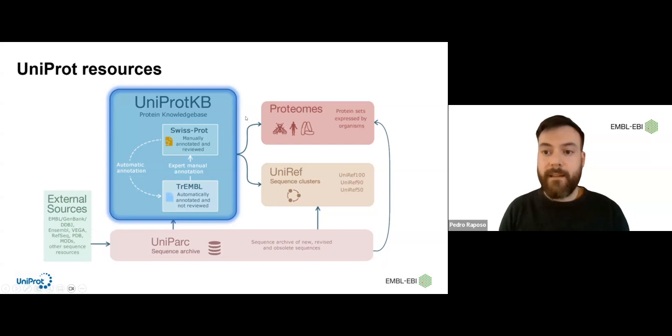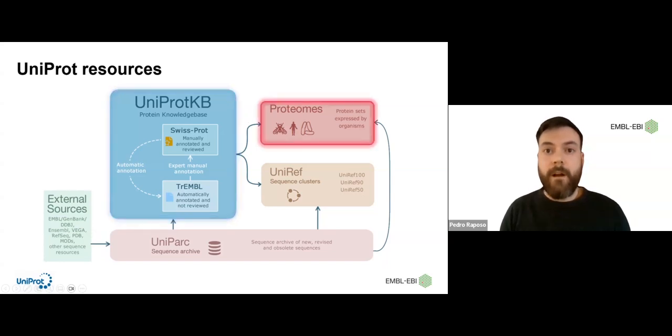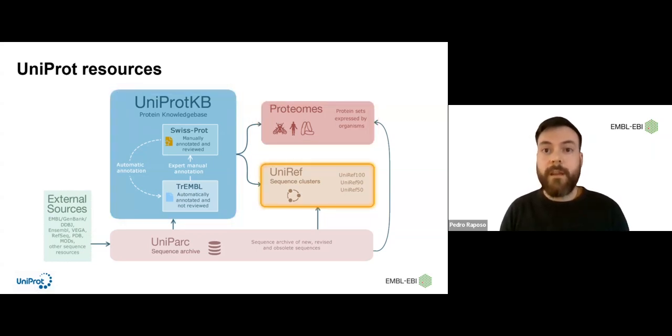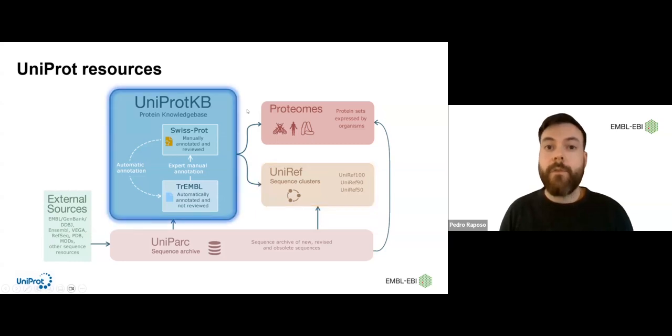And this is where they get the annotations. Also, we can organize these protein accessions by their organism, and therefore we create proteomes. And finally, we can organize these proteins depending on their similarity, and we cluster them using UniRef. But today we are mainly focusing on UniProtKB, which is our most used resource.